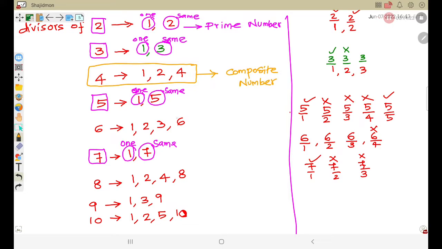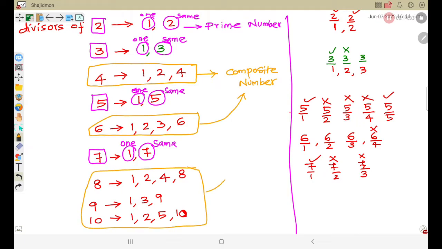So 4 is a composite number. 6 is a composite number because it has more than 2 divisors. 8, 9 and 10 are composite numbers. So 1 and the same number means prime number, and more than 2 divisors, a number other than a prime number, we are calling a composite number. So this is the idea.